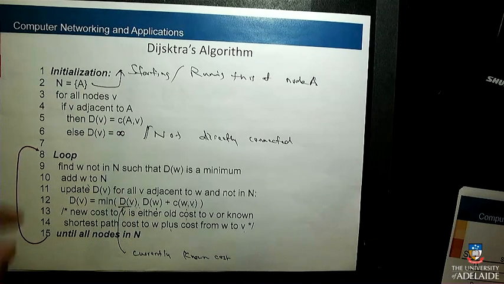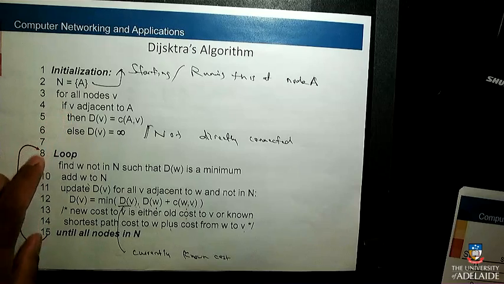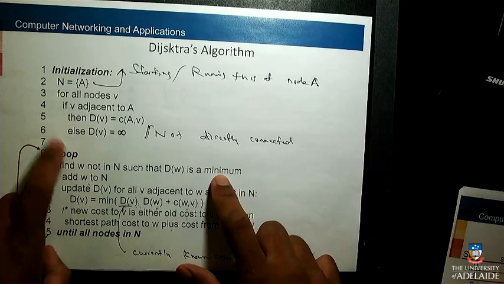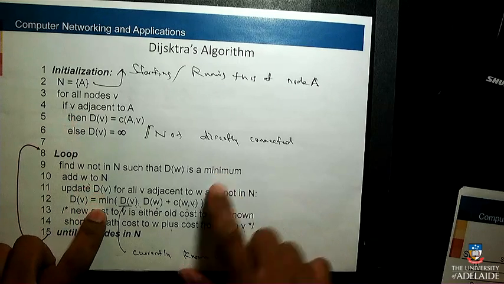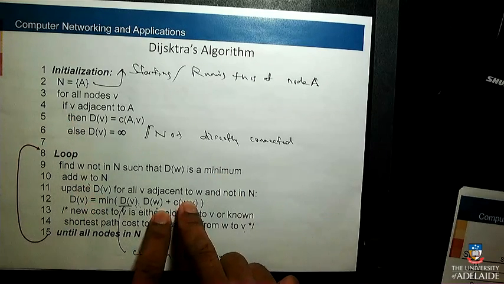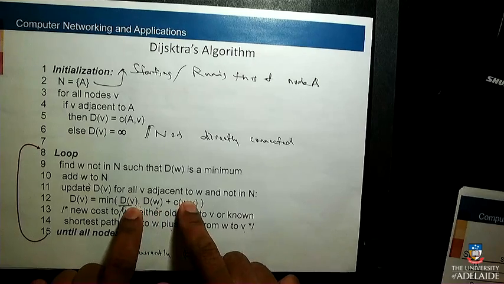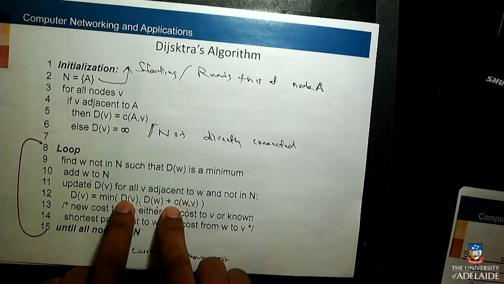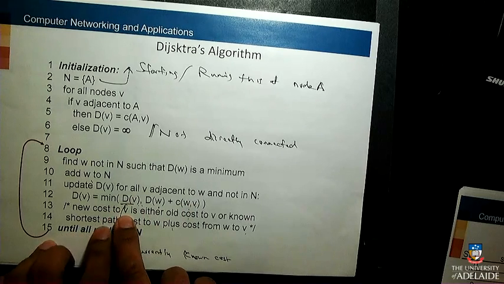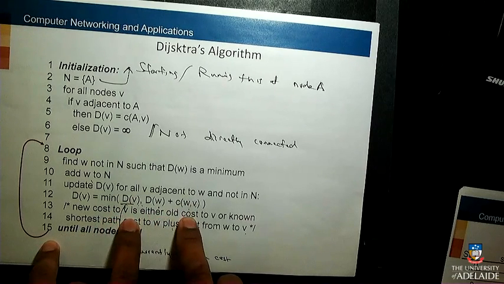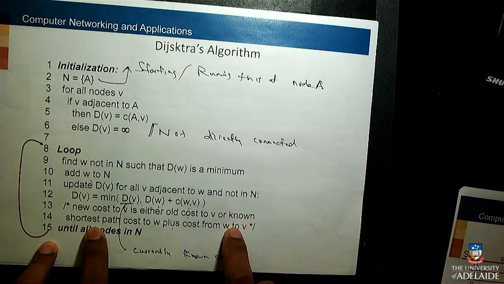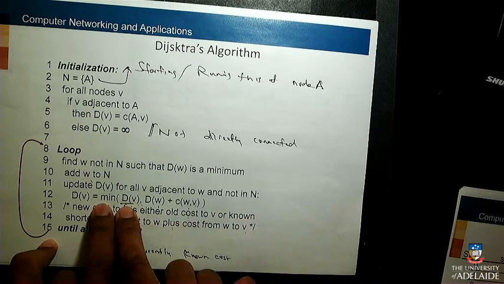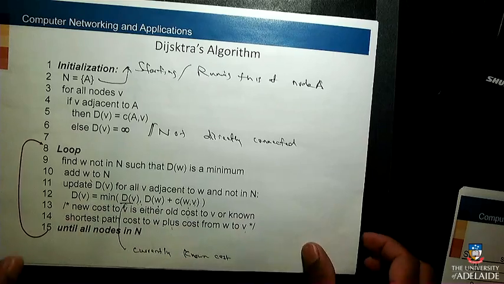Then you start picking the minimum cost based on what you know, and try to see if you can get a lower cost path from your neighbor than the current cost of getting to that node. So you compare these two values. The cost to a destination is either your old cost, what you know, or a new cost that you can find through your neighbor, and you pick the minimum of those two. Simple idea.